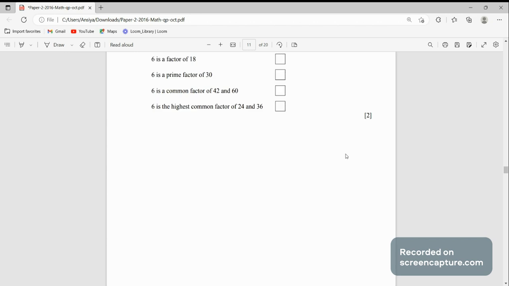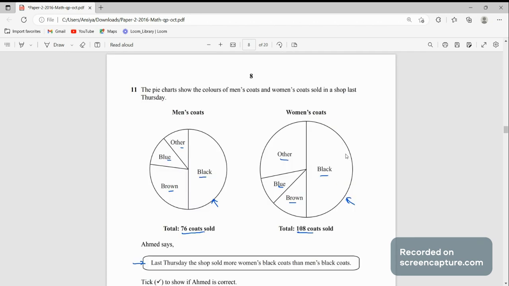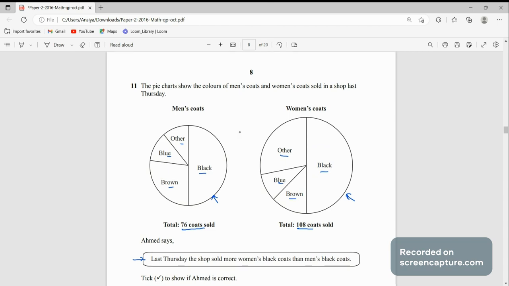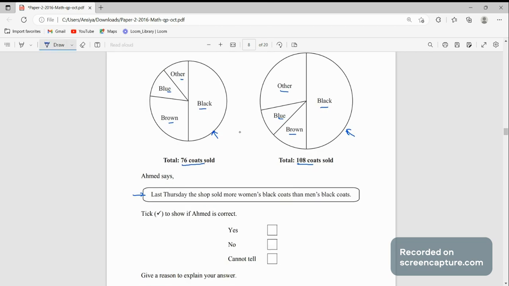See for men's coats. Yes. So this black is actually half of total 76, which is 38 coats sold. And this women's black coat is actually half of 108. I'm sorry.